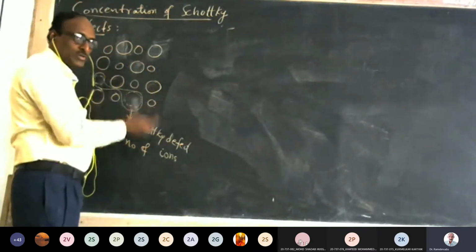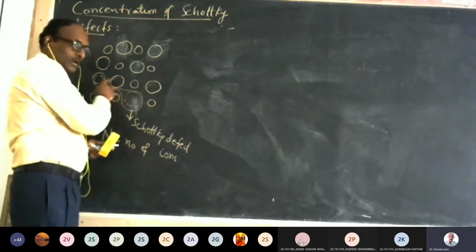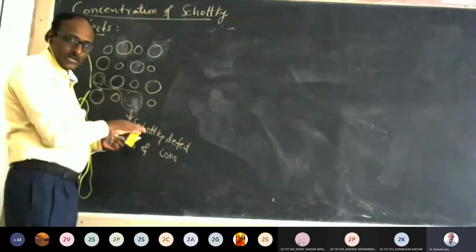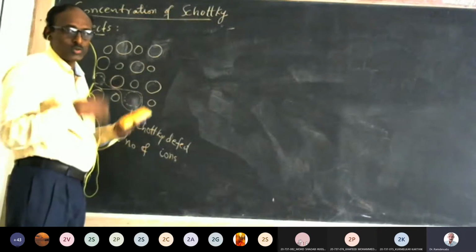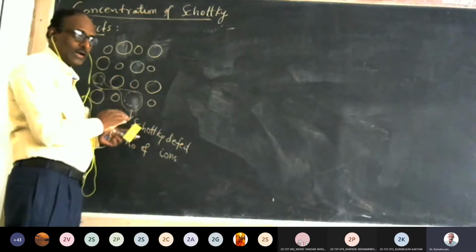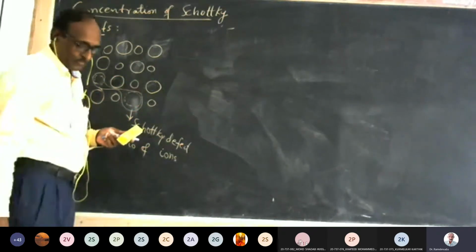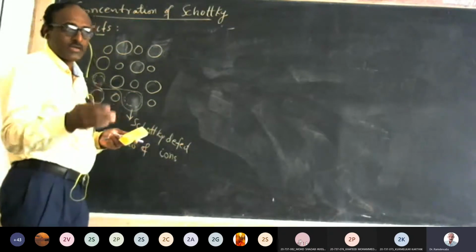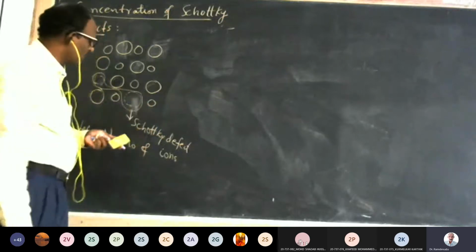The energy you supply is taken by the crystal, and it is the internal energy of the crystal. As you are creating more and more defects, the internal energy of the crystal material also increases.